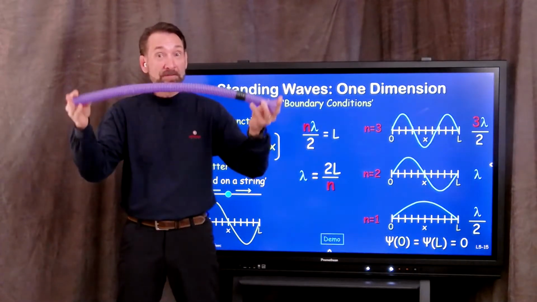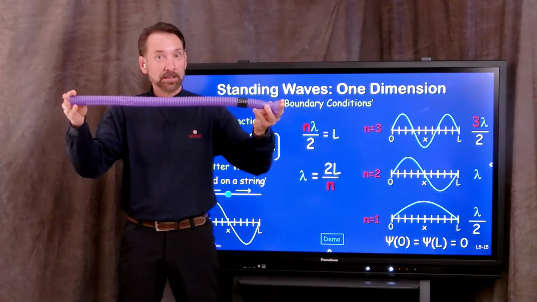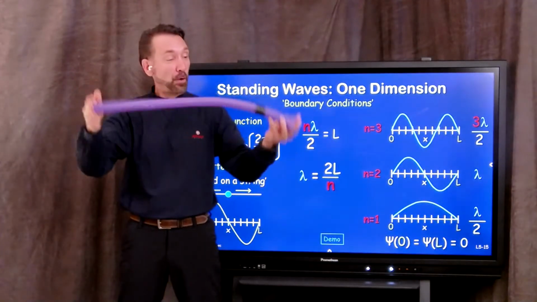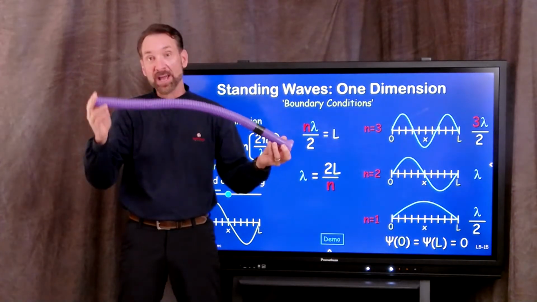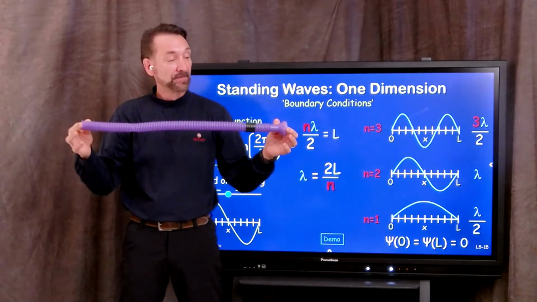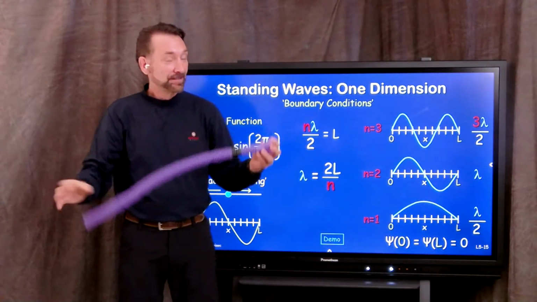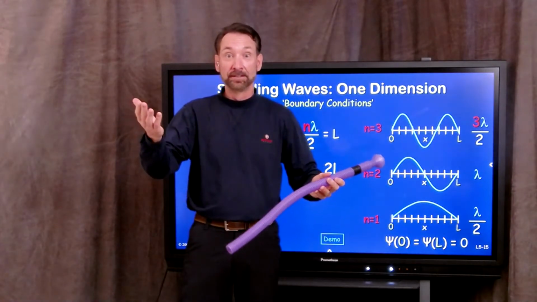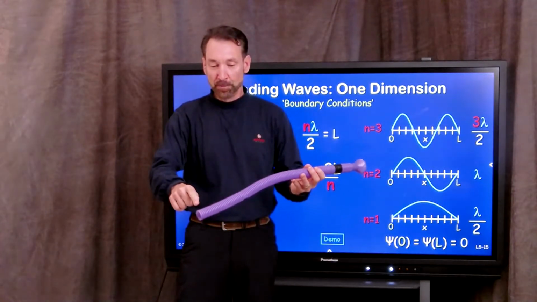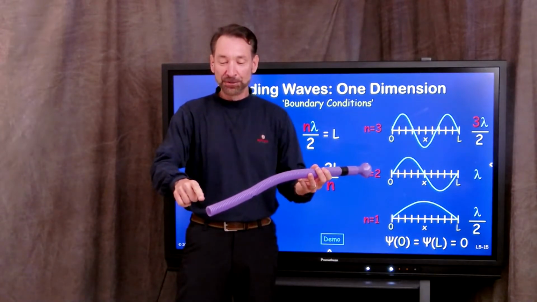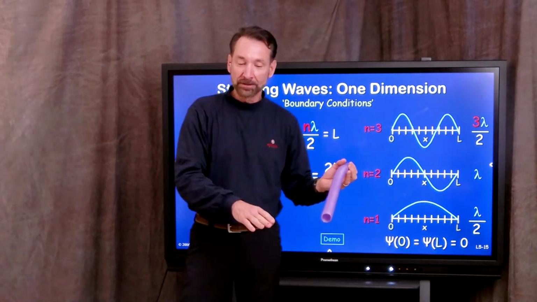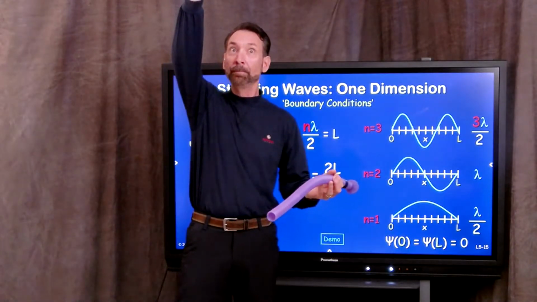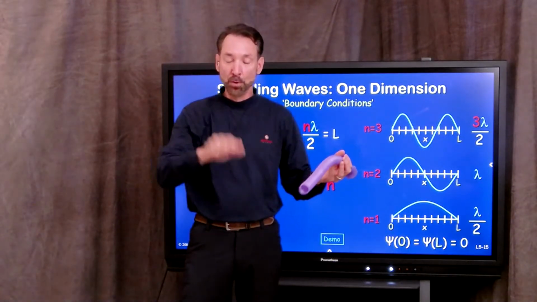Only certain wavelengths are going to work and stand along this tube. So only certain standing sound waves will work in this tube. That means waves of sound are tones. You recognize that. So when I play this tube, I can't do all the notes continuously. I can only do steps.